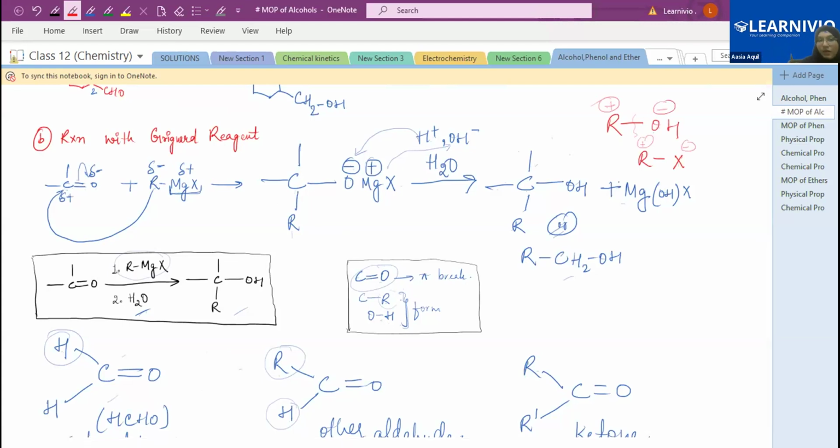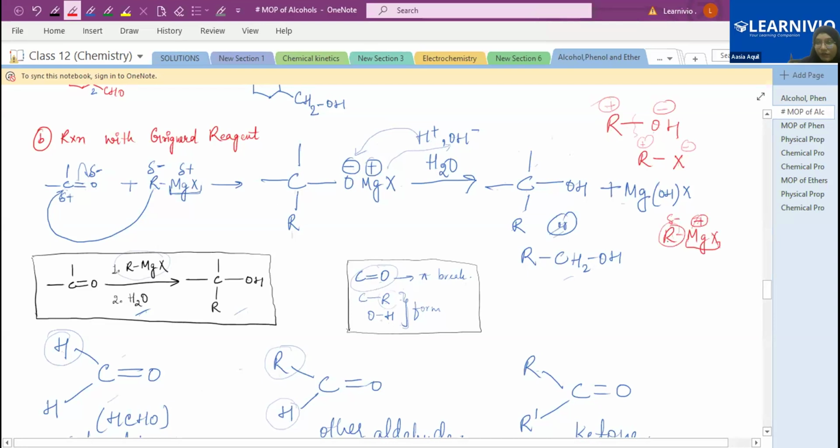But in this case, when you use the Grignard reagent RMgX, this magnesium is a metal, right? And you know very well what a metal is: electropositive. Due to the electropositive nature, in the case of the Grignard reagent the charges will be opposite, right? So this whole group, MgX, will acquire partial positive charge, and the carbon of the alkyl group will have the partial negative charge.